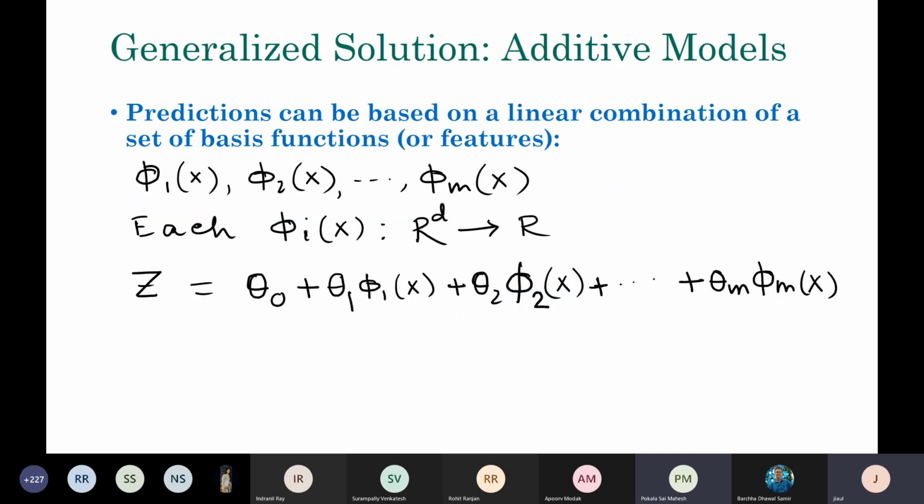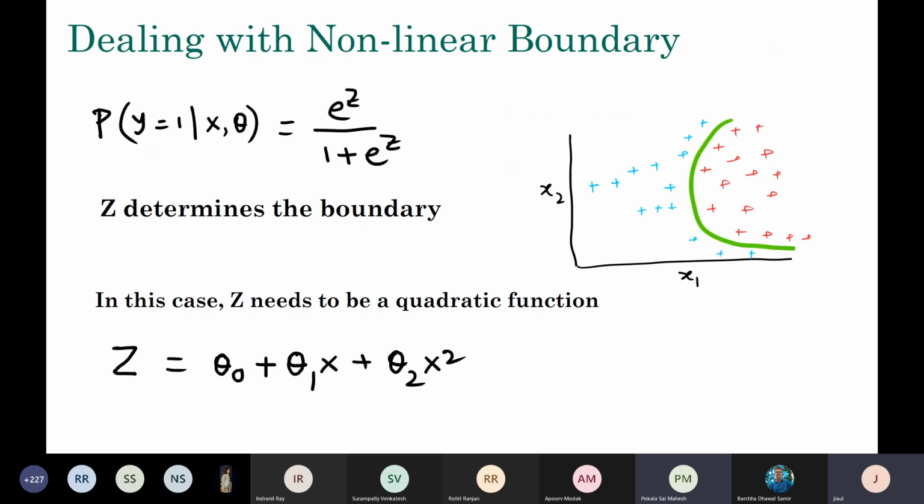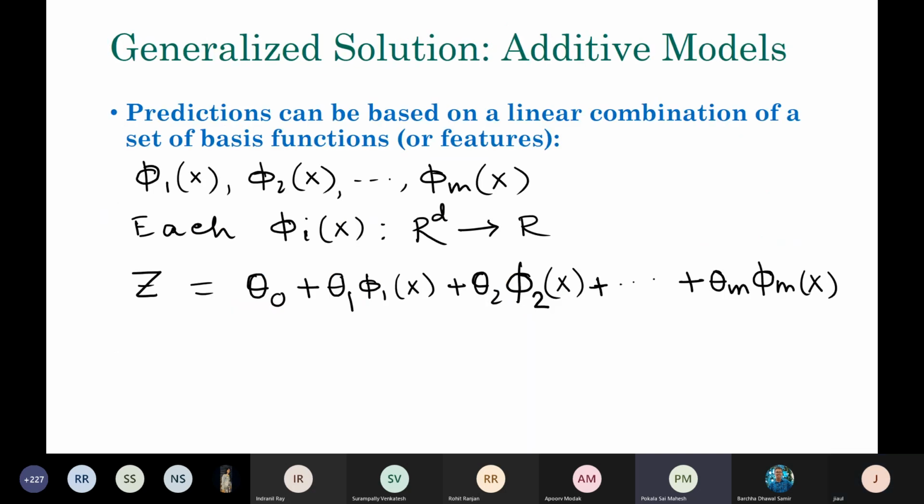In general, the main thing is how you play with the expression z. We can do a generalized solution, which is additive models, and I'll give you a couple of examples in the next slide. Instead of taking a linear function or a quadratic function and so forth, we can make predictions based on a linear combination of a set of basis functions.